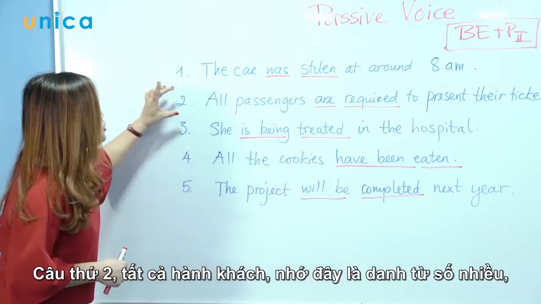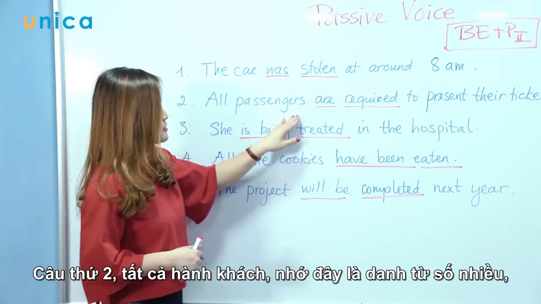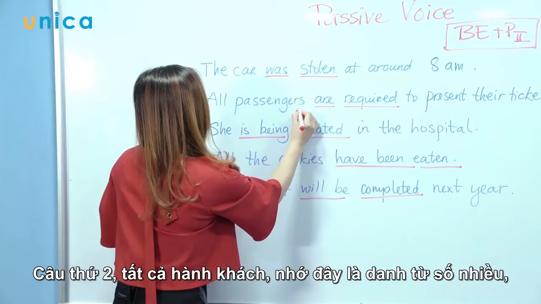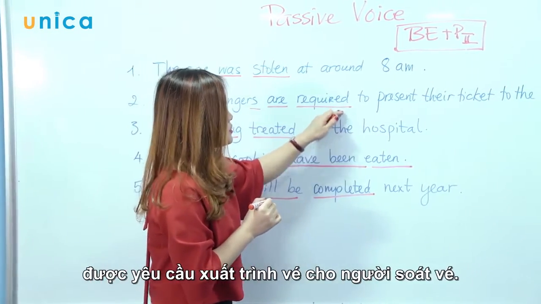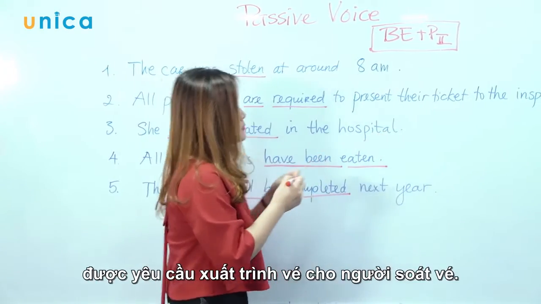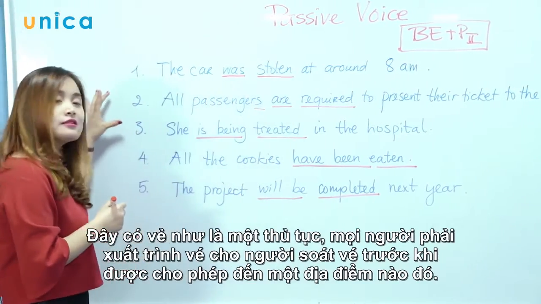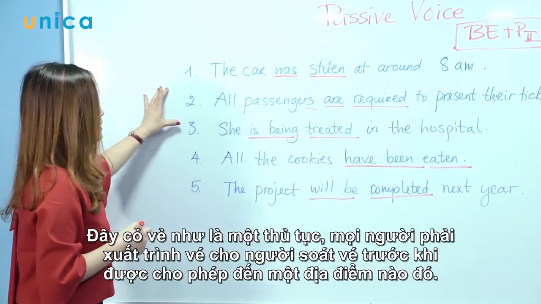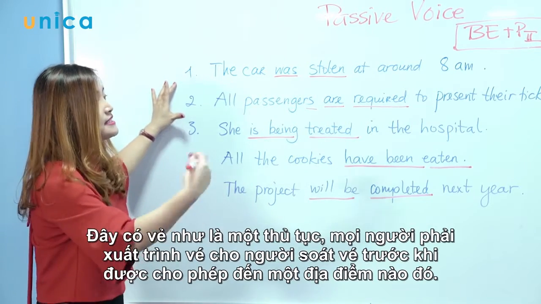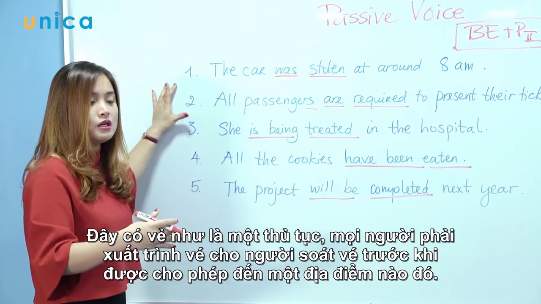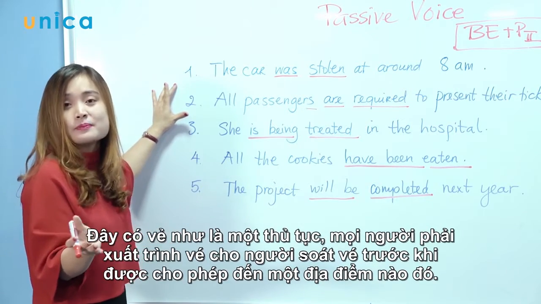Great. Number two, all passengers, remember, plural noun, are required to present the ticket to the inspector. So this one sounds formal, right? It's a kind of obligation for people to present the ticket to the inspector before they are allowed to enter a place.